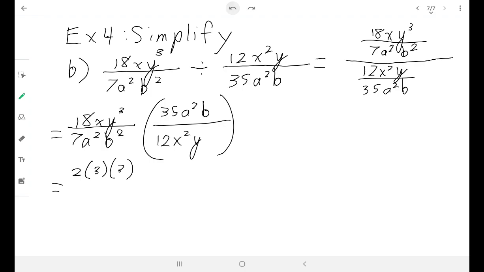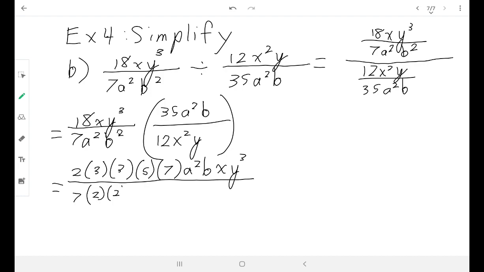So I just broke down 18 there. 35 is 5 times 7, and then I've got, let me write the letters in alphabetical order here, an a squared, a b, an x, and a y to the third, over, and then I've got 7, and then 12 is 4 times 3, or 2 times 2 times 3.